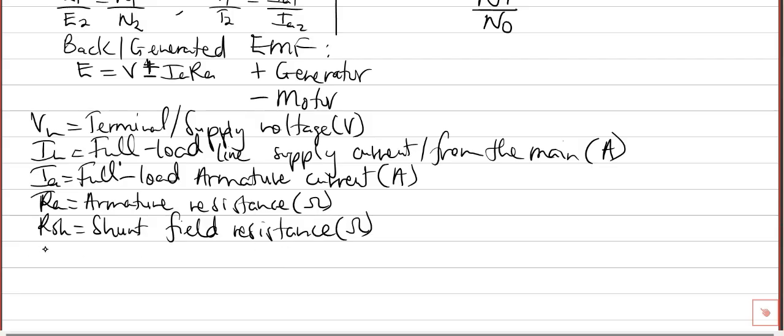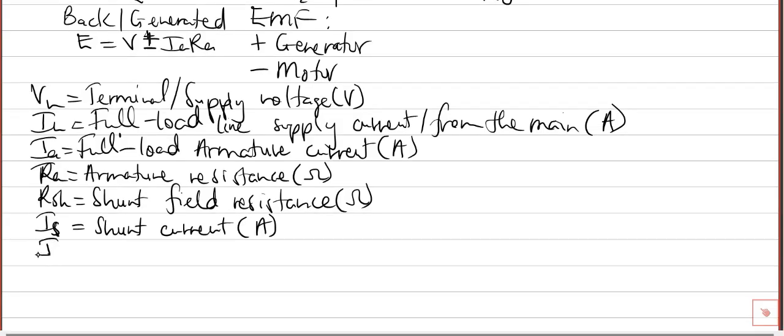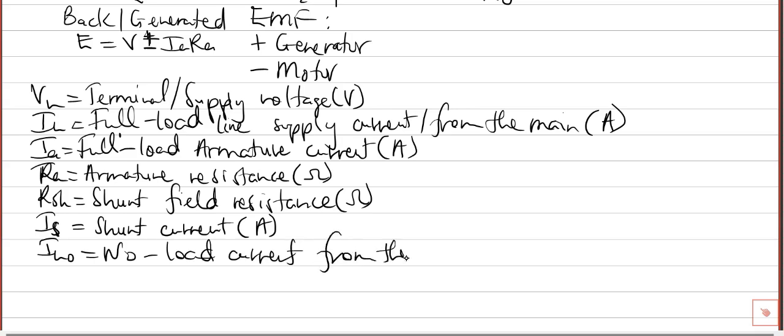You have your I shunt current measured in amps. You have ILO. This is the no load current from the mains or the supply measured in amps.